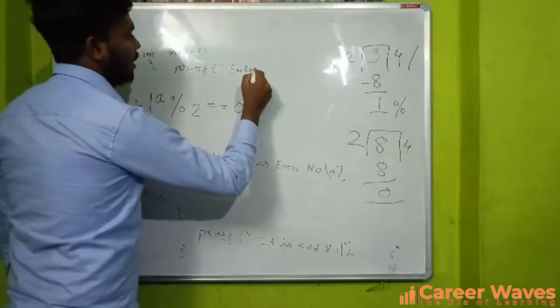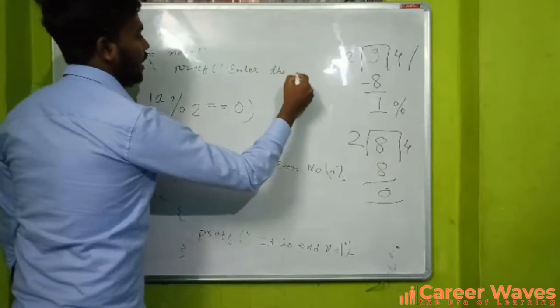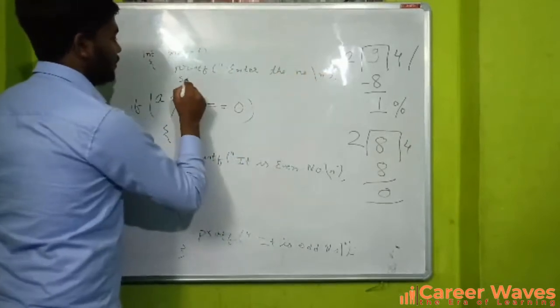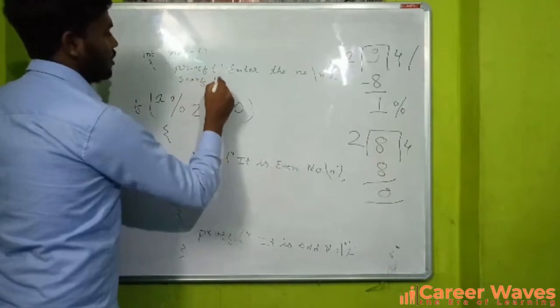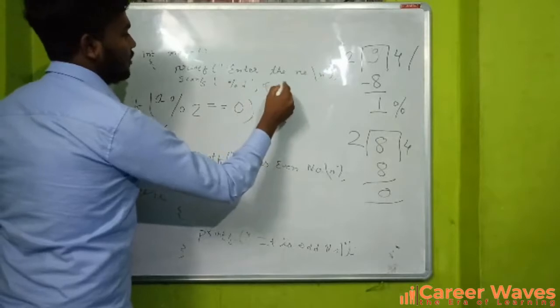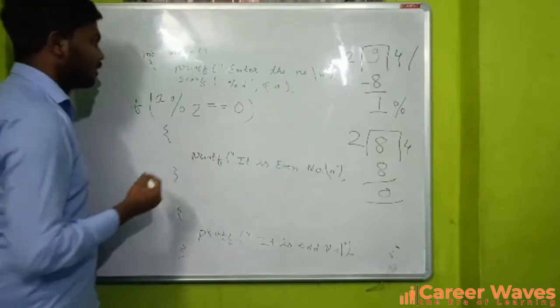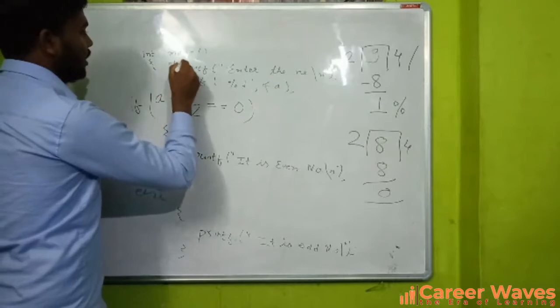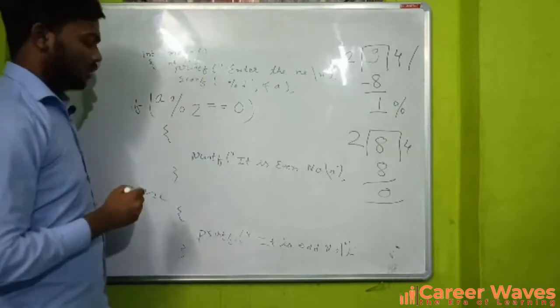Then scanf percentage d and address of a. We should define this a like a declaration, so int a. This is the code for this.